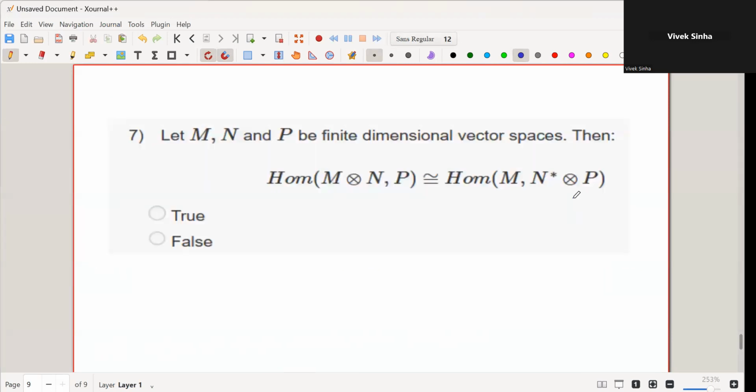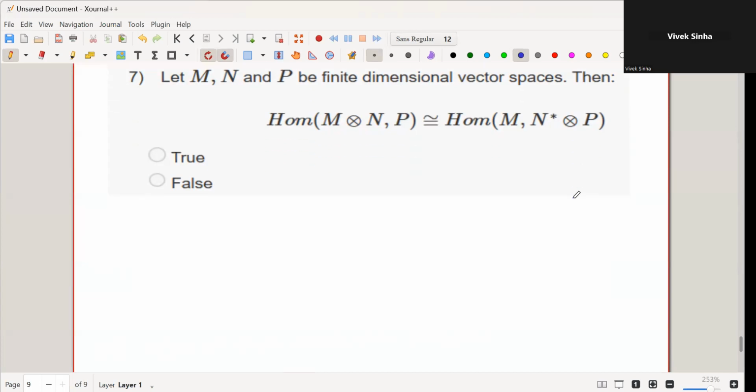So M, N and P are finite dimensional vector spaces. Then one has to show that Hom(M tensor N, P) is isomorphic to Hom(M, Hom(N, P)), right?